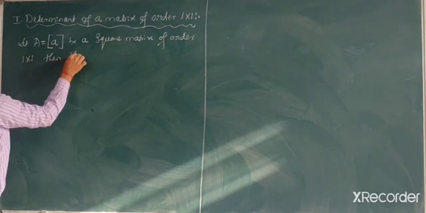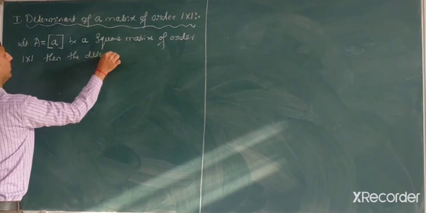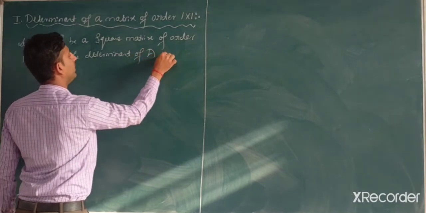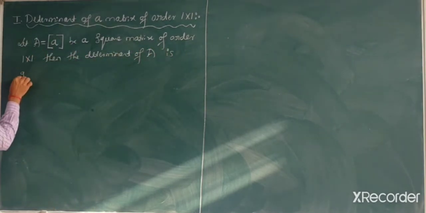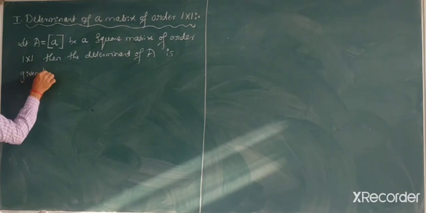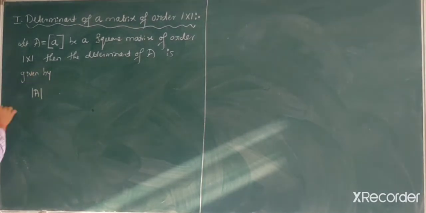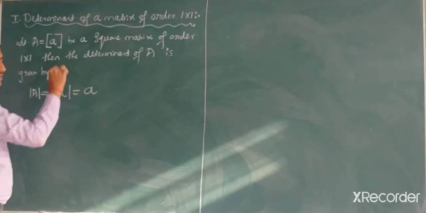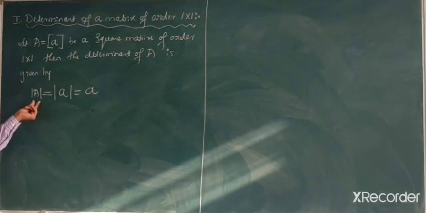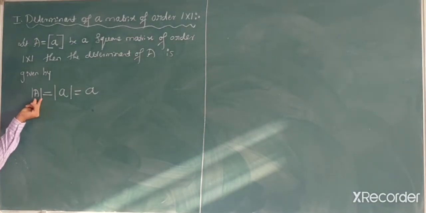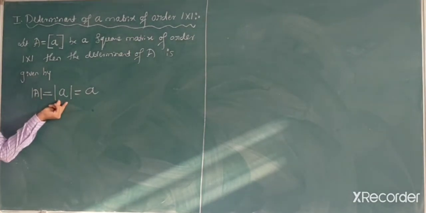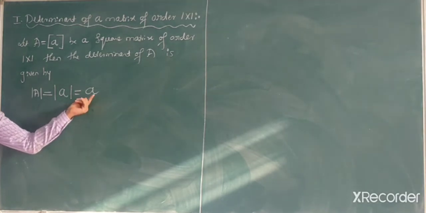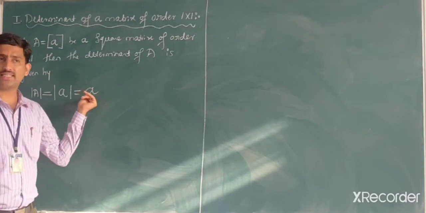Then the determinant of capital A is given by the value A. The determinant of a matrix of order 1 cross 1 is nothing but simply the element A. Suppose the determinant of 5 is 5 itself, the determinant of x is x itself.